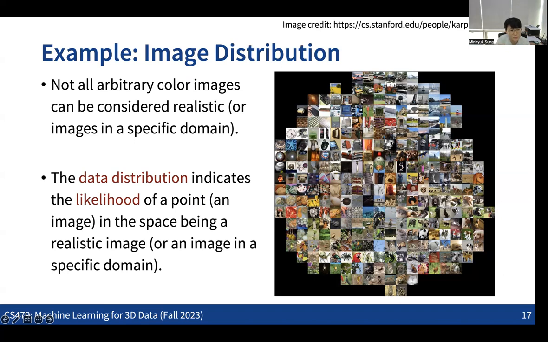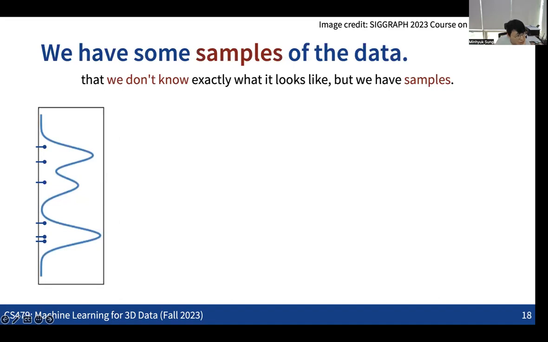There might be very specific types of images that look like real images, in some specific domain, and those images might be a subset of the points in this high dimensional space. The goal is to learn the distribution of realistic images in the high dimensional space. Here we are only seeing a one-dimensional example.